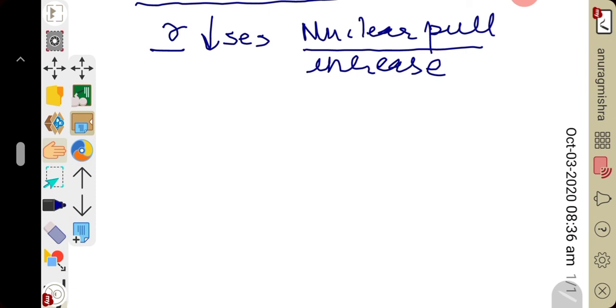Fourth point, the position of an element in the periodic table reveals, meaning discloses, displays, the atomic number, electronic configuration, number of valence electrons and certain properties.